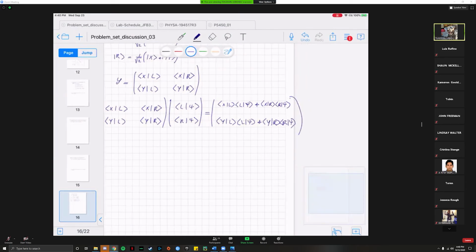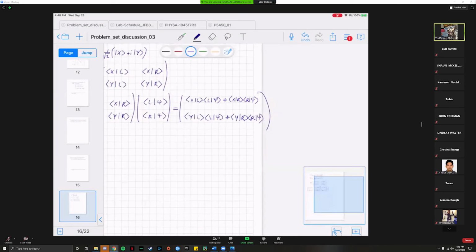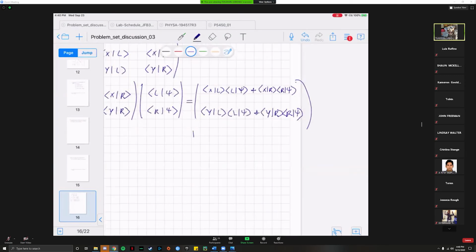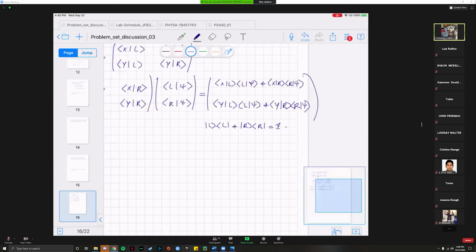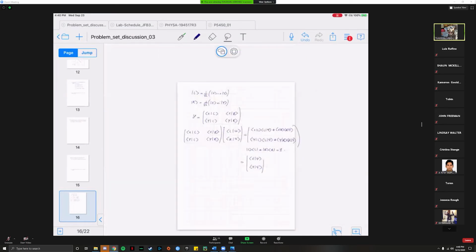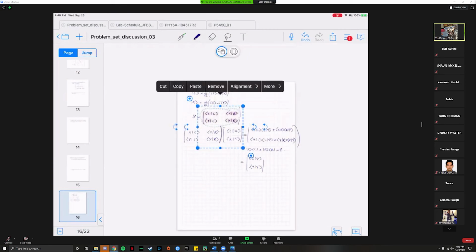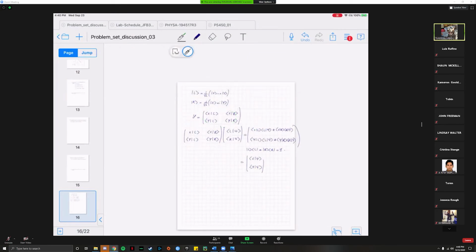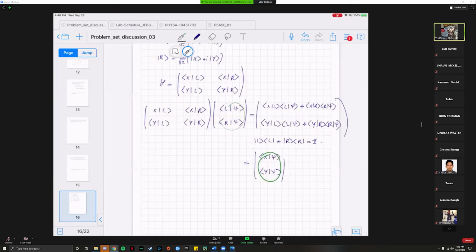Right? And again, you see that you can use the fact that L plus R is 1. And you see that this ends up being X psi, Y psi, by which we verify that this matrix that I wrote here takes us from the LR representation to the XY representation.